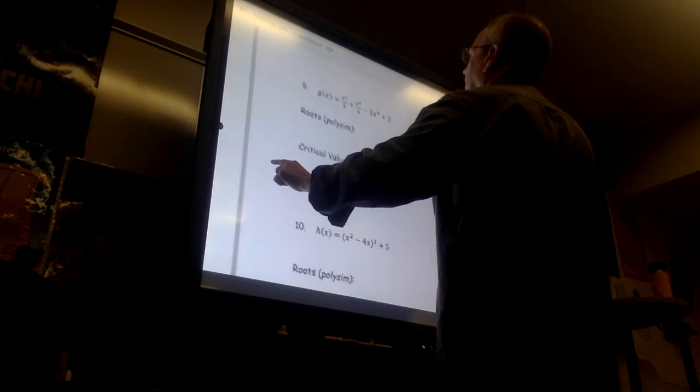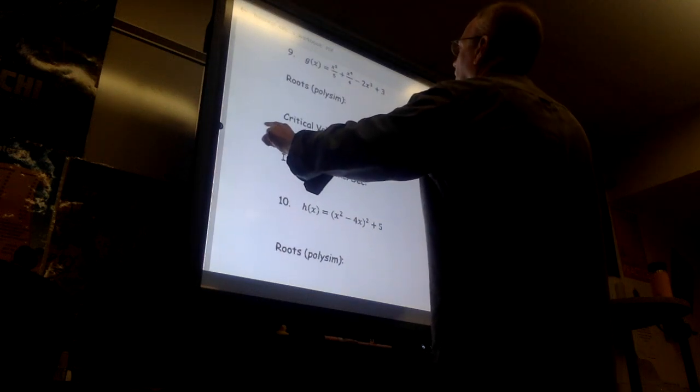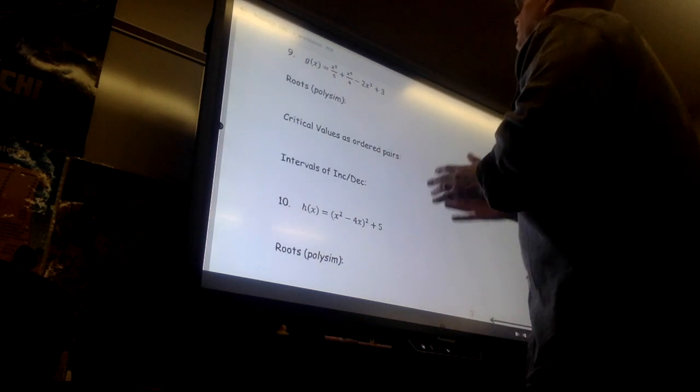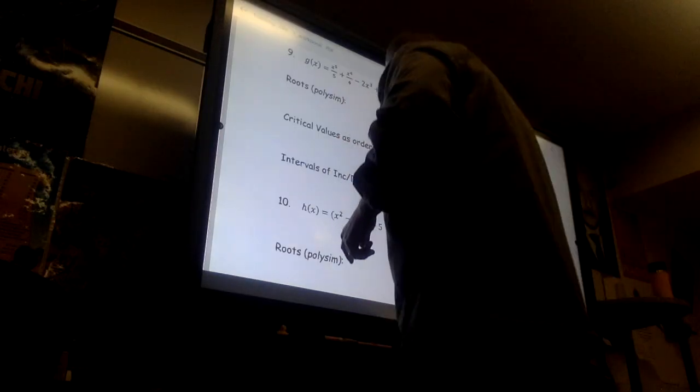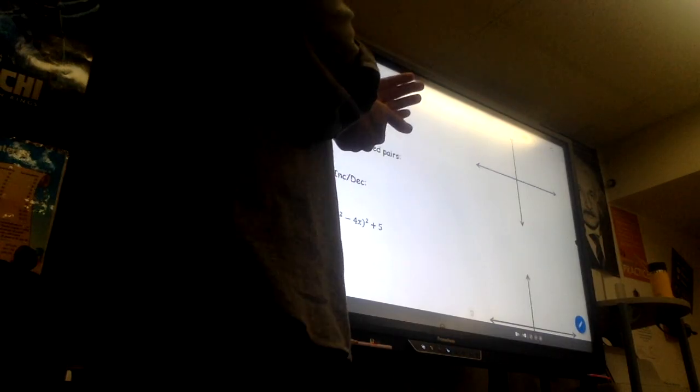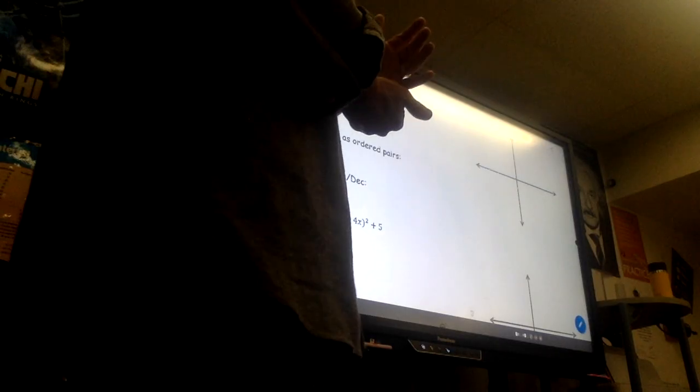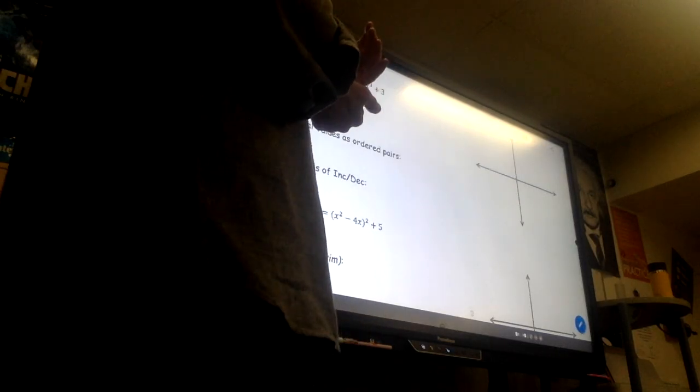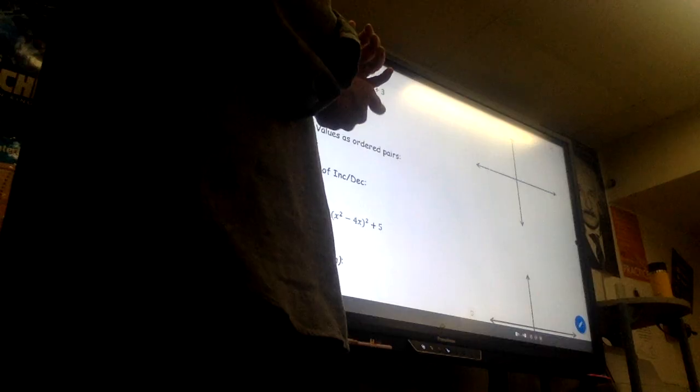Increasing, decreasing. All right. First thing I want to do to this type of problem is take the derivative so we can start seeing some stuff. The difference between a root and a critical value: a root is where it would have crossed the x-axis.